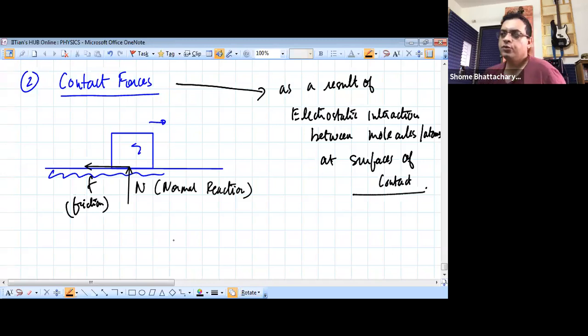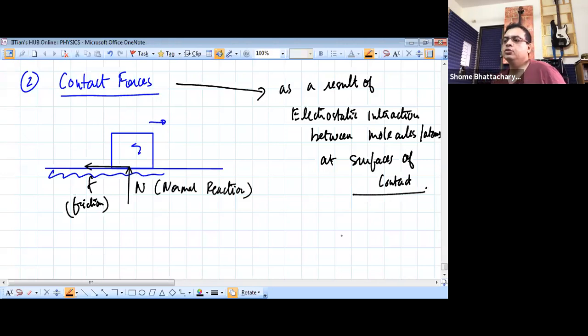See, anything to do with intermolecular force or intermolecular attraction or intermolecular repulsion or atomic interaction or molecular interaction is to do with charge. Okay, whether you're talking about bond forces or elasticity forces or repulsion forces, they are all to do with the nature of charge of molecules and atoms. The fact that atoms and molecules consist of charged particles is why they interact with each other when they come in contact.